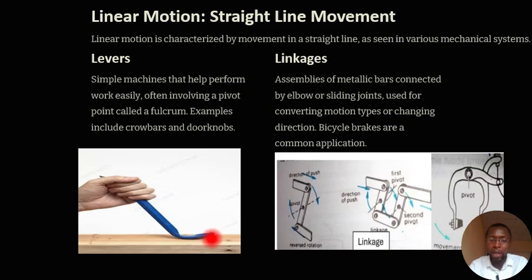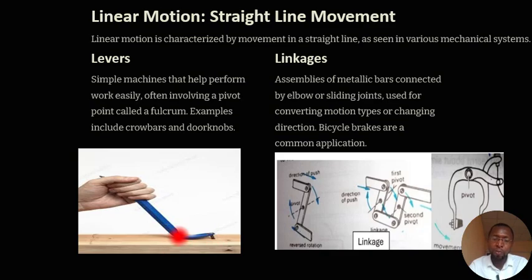That's where the crowbar will pick the nail. You see here, and then the effort here, where there is human hand, that's where the effort is applied. Now, when the effort is applied, okay, the fulcrum turns, and then the load part picks the nail out.